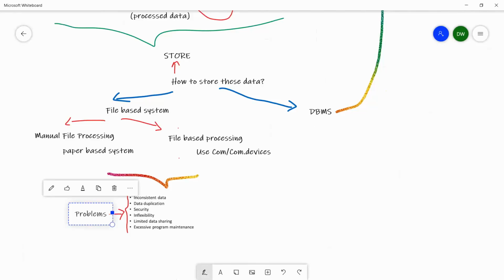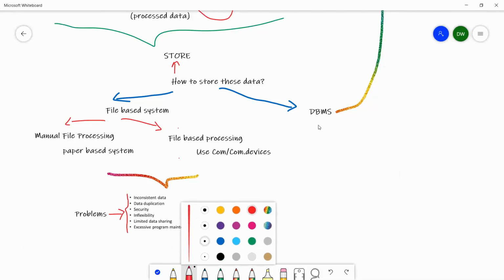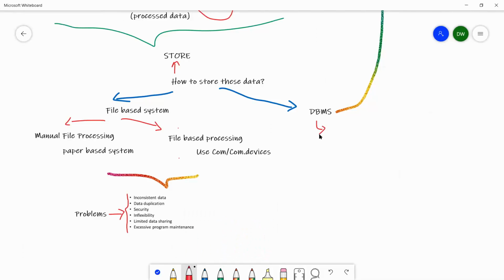And we have a number of database management systems. As I told you, a database management system is software. So you can download this software and use it according to your company requirements. For example, MS Access. This MS Access is the software which we are going to use for doing practicals.